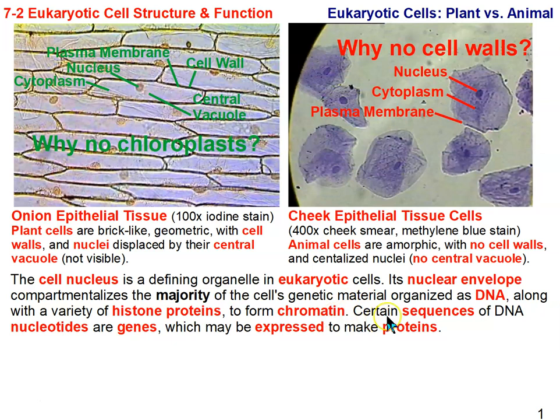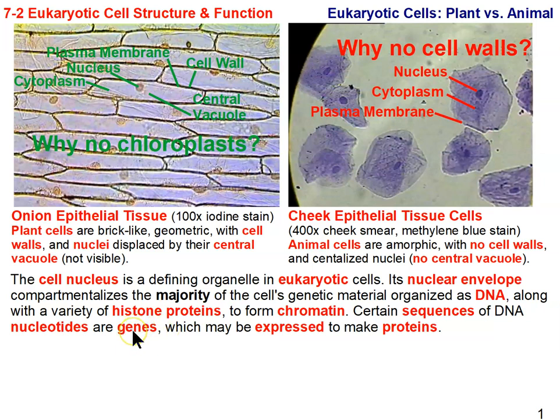And just a reminder, and this is true for both eukaryotes and prokaryotes, there are certain sequences of DNA nucleotides. Remember, that's what spells out the information in DNA. It's the sequence of nucleotides. You can also say it's the sequence of nitrogenous bases, or the sequence of bases, that spells out the genes.